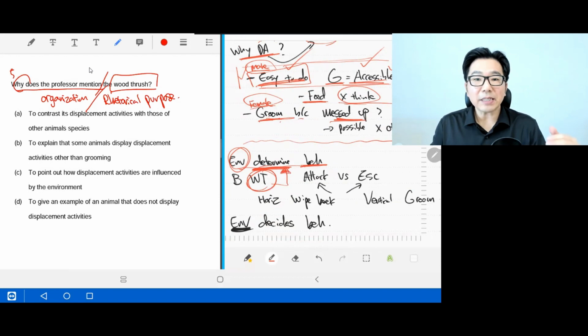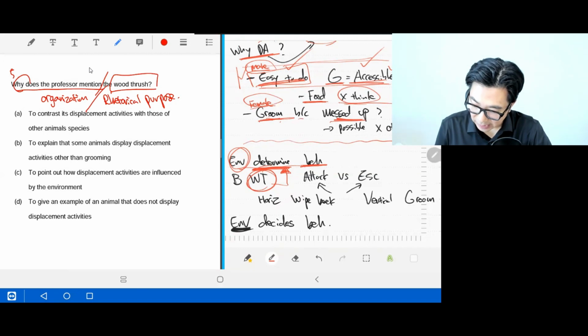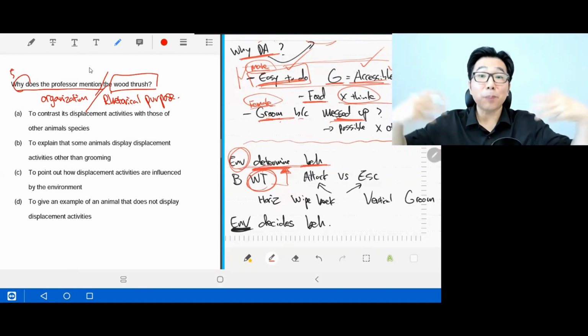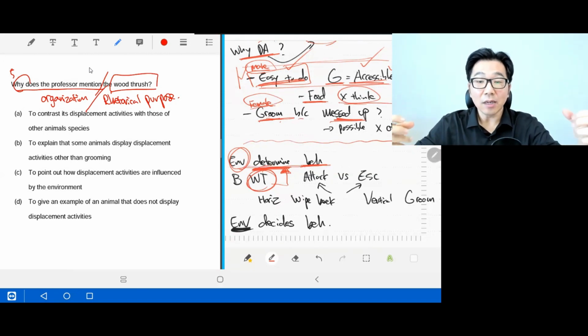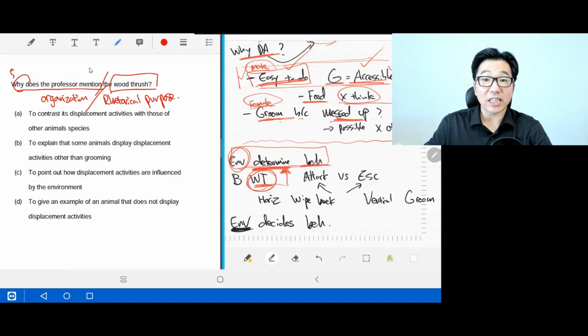Okay, so the topic sentence of this paragraph is environment determines animals' behavior. Different environments influence different animals' displacement activities, right? That's a topic sentence. And to explain this, to justify, to say this is right, professor uses wood thrush as an example.